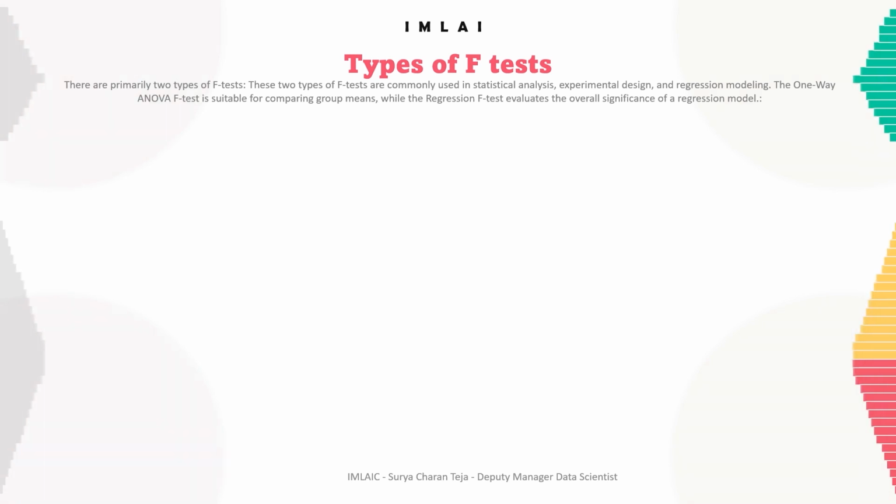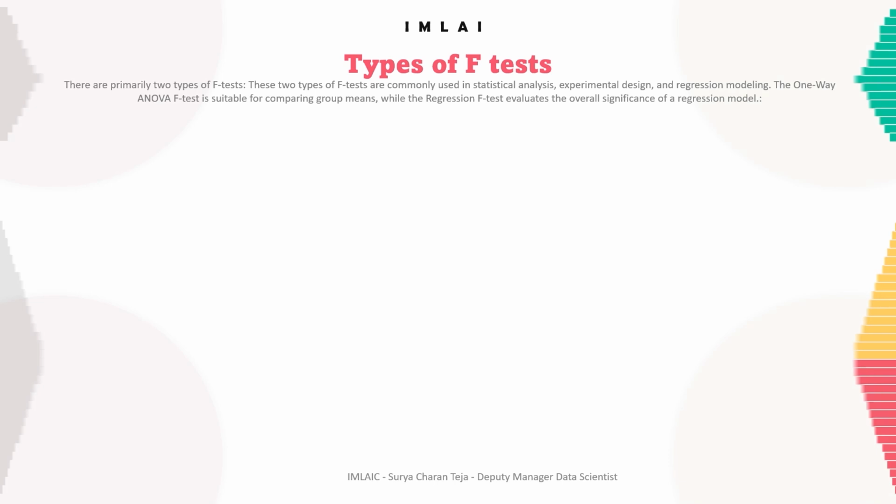It's going to make your life much easier, either for feature selection, or for checking the statistical significance of your overall regression model. That's the reason I say this is a fantastic tool to have in your armor.